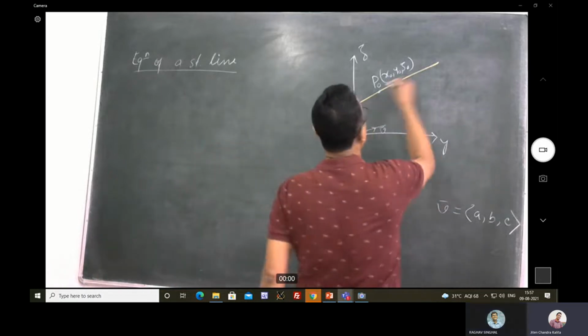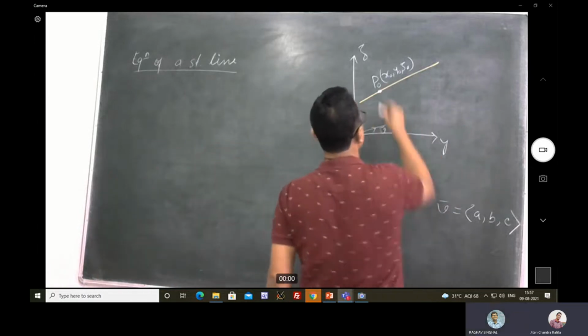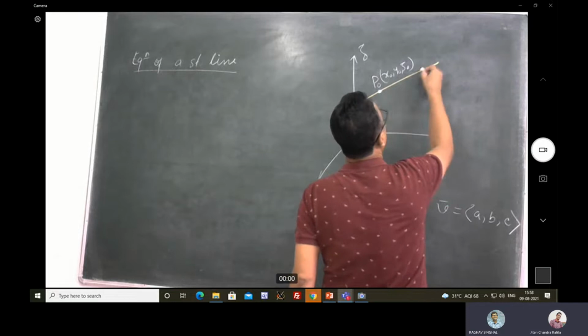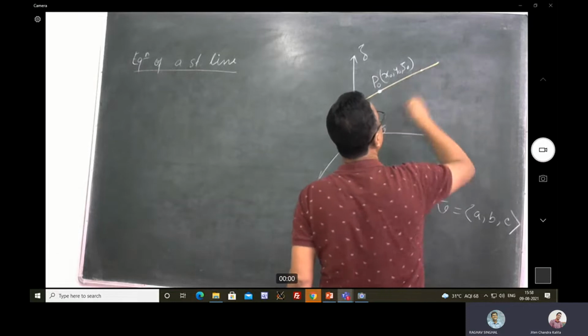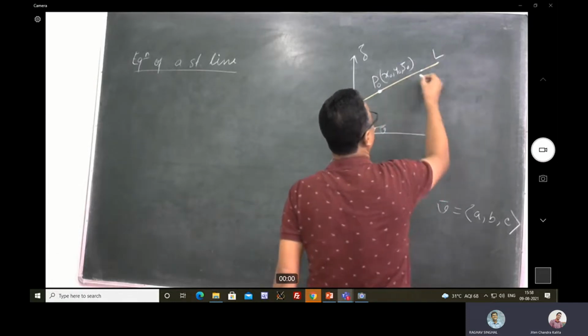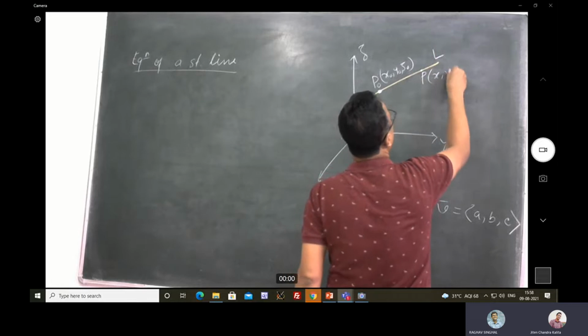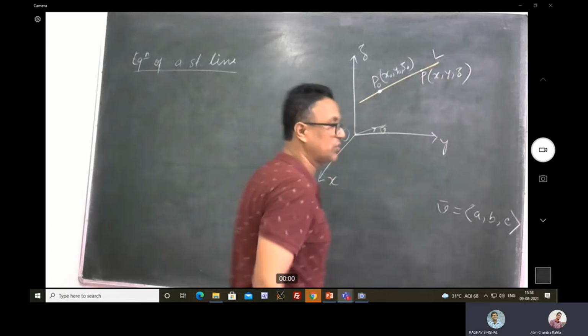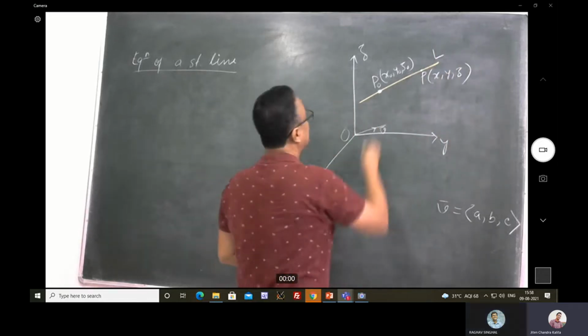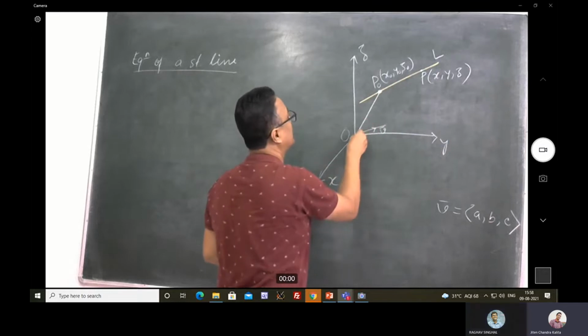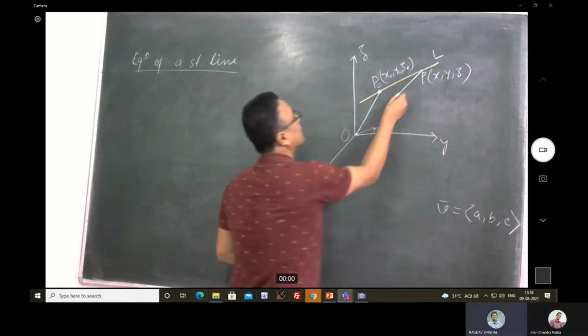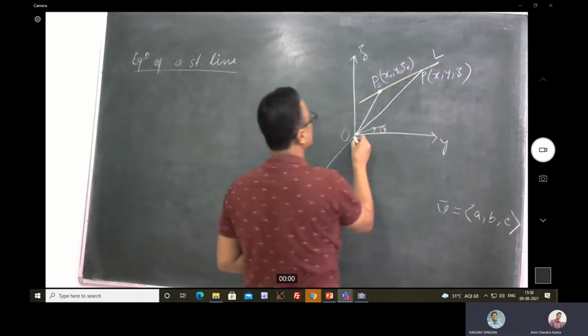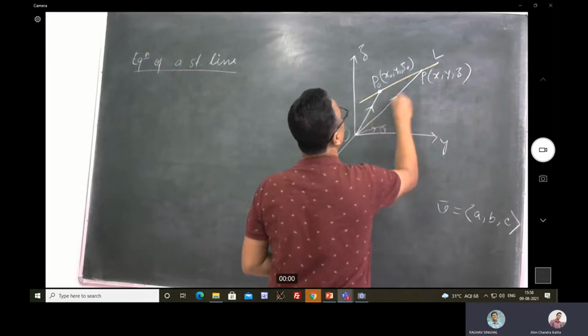Then always remember the general methodology: in this straight line, let me call it L, I am going to take a variable point P, and then join those two points to the origin.